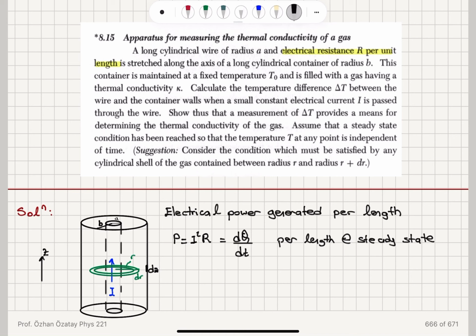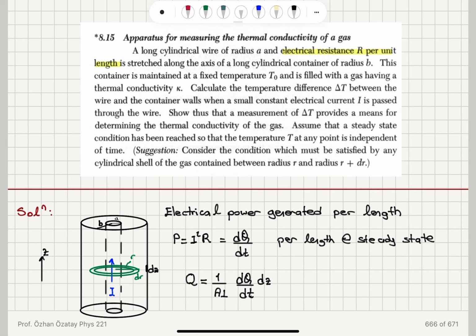So we can calculate the heat flux, Q. This is 1 over the perpendicular area times the total heat flowing through that area, that is dQ/dt per unit time. Since this is heat per length, we have to multiply it by the length dz. And what is the perpendicular area?